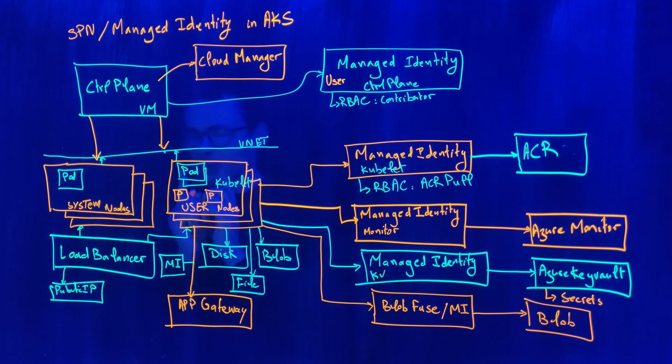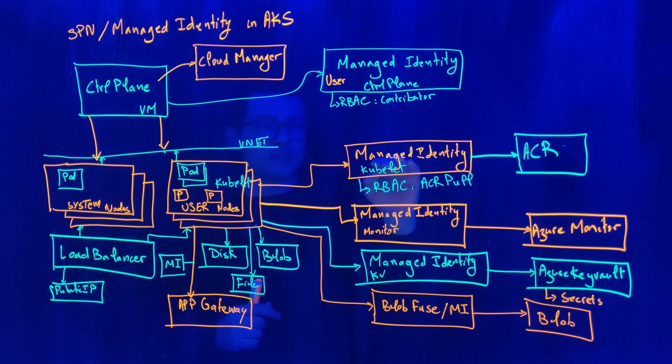Now I'll go back to what I said from the beginning about the reason why I put system node pools and user node pools here. The reason is that for this managed identity used to connect to ACR, we need to get the Docker images from ACR in both user node pools and system node pools.